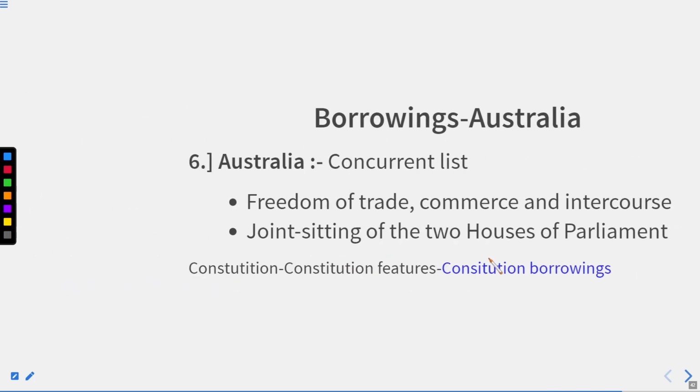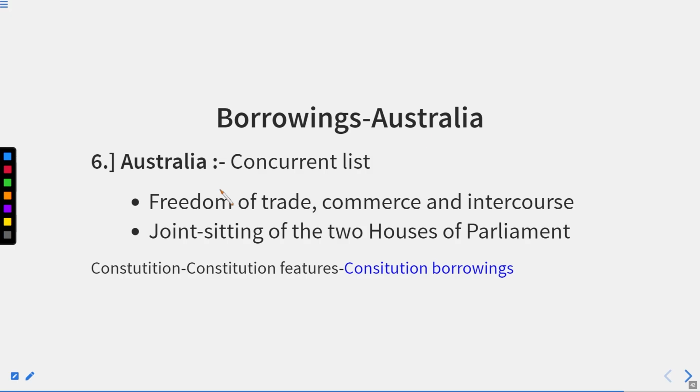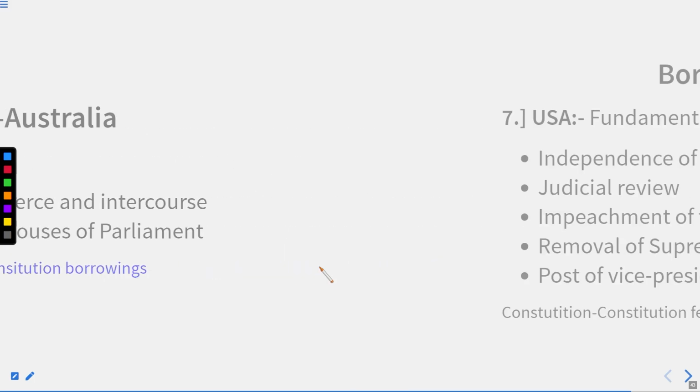Okay. Thereafter, from Australia, we borrowed the concurrent list, freedom of trade, commerce and intercourse, and joint sitting of the two houses of Parliament. That's what we have borrowed.